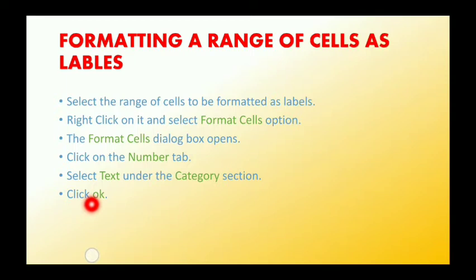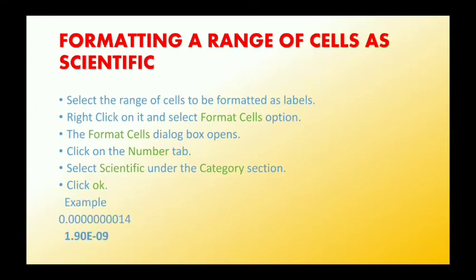By applying these steps, we can convert any data into text. We can treat this data as text now, so no kind of calculation will be performed on this data. Now next is formatting a range of cells as scientific.